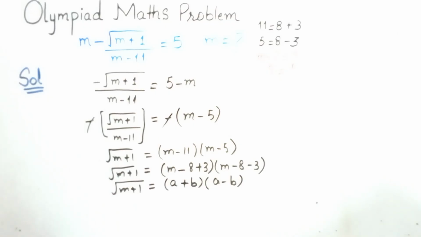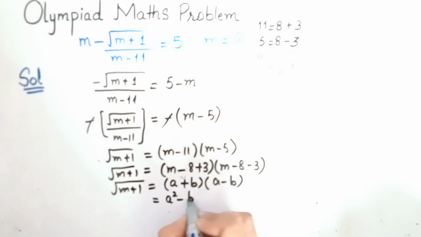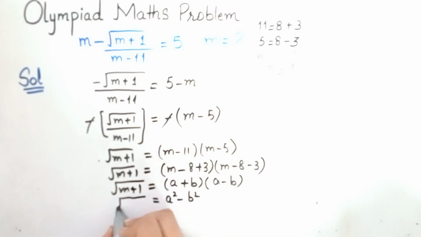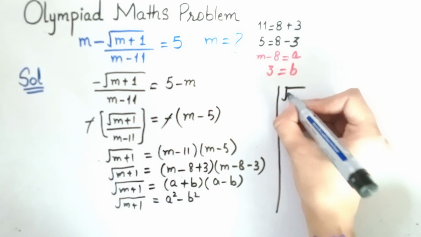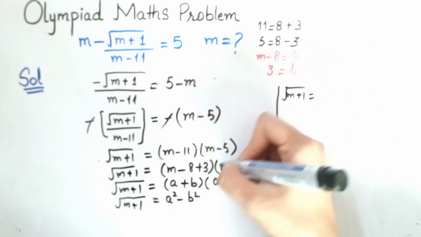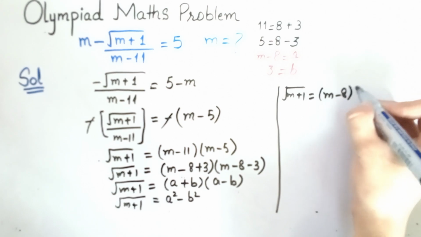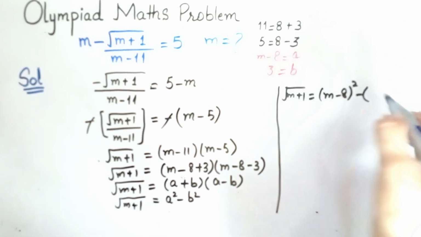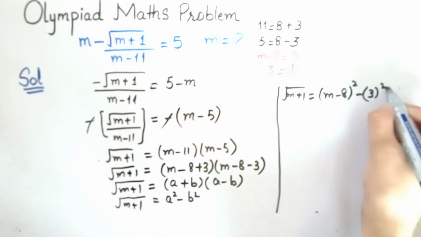Now we will apply its formula here. So we get a square minus b square, and that equals root of (m plus 1). Now we will substitute its original value here. In place of a square we will write (m minus 8) square and in place of b we will write the next value, that is 3 square.